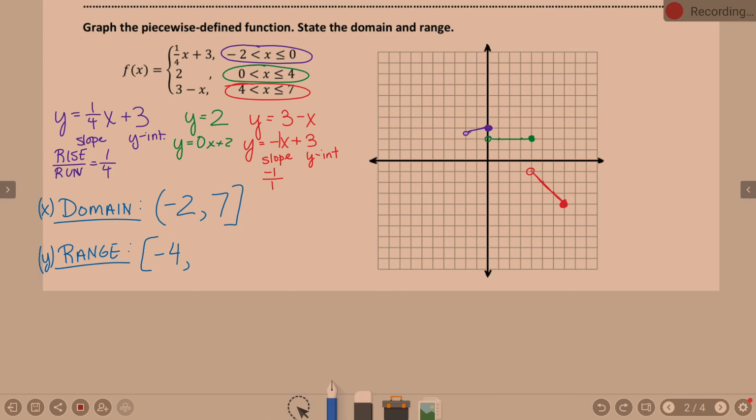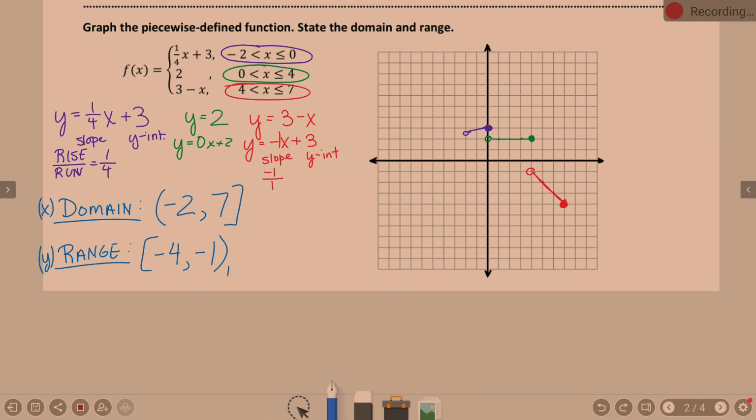Okay. Now, I'm moving up. Oh, my red graph stops right here. Where this red graph stops, is there another graph picking up at the same y level? No. So we're going to have to end this piece of the range at the y value of -1. And I heard with parenthesis.